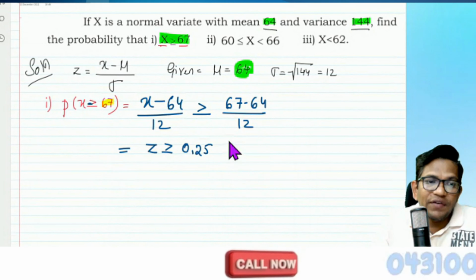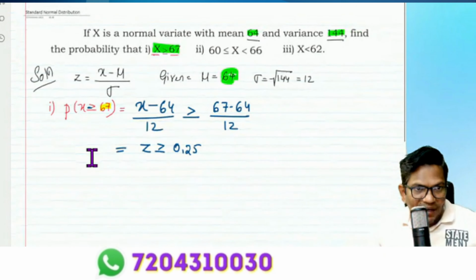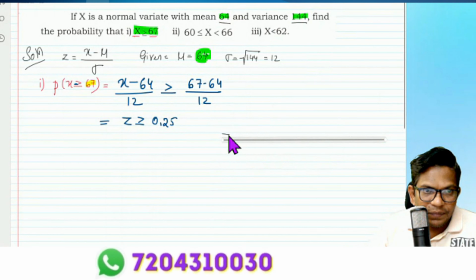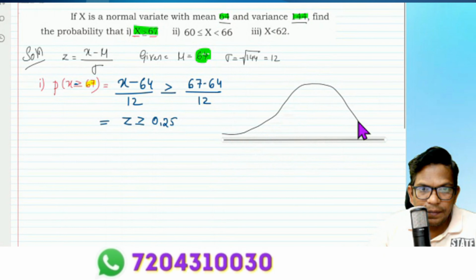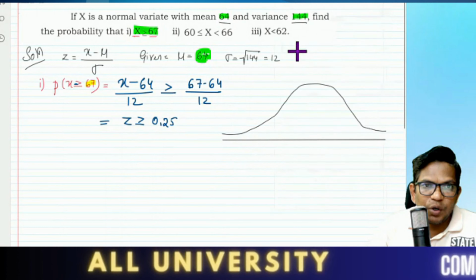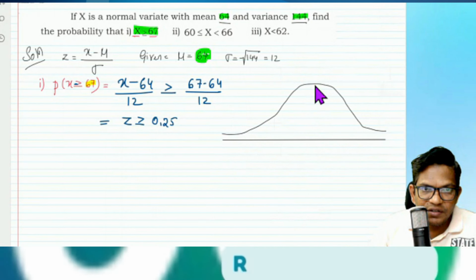Now, what we have to do is draw a bell curve here. That bell curve, something like this. Yes, it's perfect now. We have a center point, so the center point is somewhere like this.